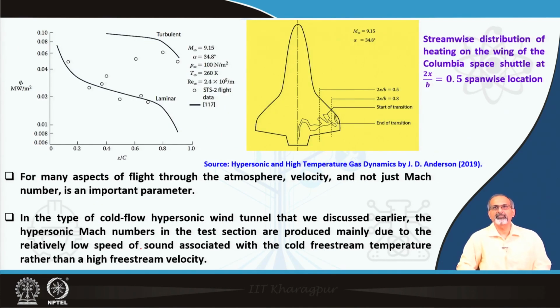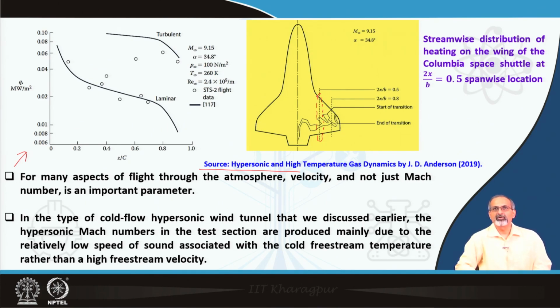We are citing an example here with due regard to the source Hypersonic and High Temperature Gas Dynamics by J.D. Anderson, where we have looked at a plot for the heat transfer in megawatt per meter square along a certain region of the wing surface of the space shuttle.